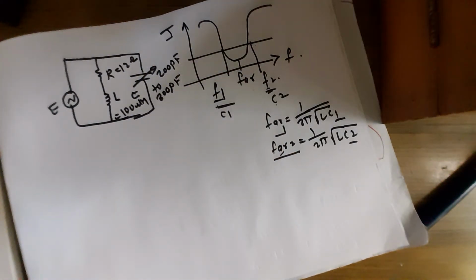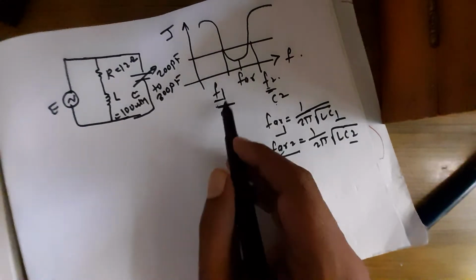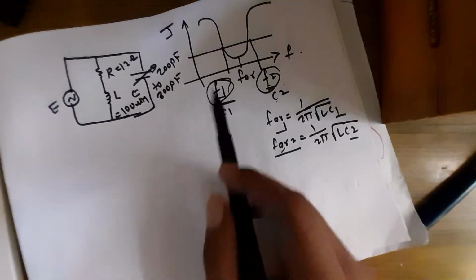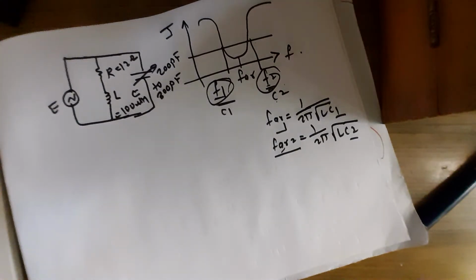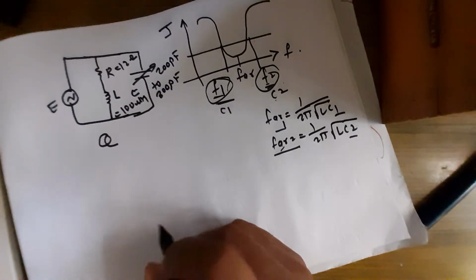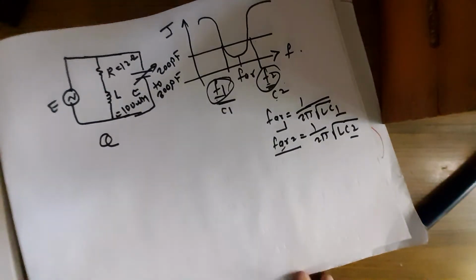So we will determine the maximum and minimum resonant frequencies, F1 and F2. F2 is the maximum resonant frequency and F1 is the minimum resonant frequency. Also calculate the Q value for the two resonant frequencies, F1 and F2.